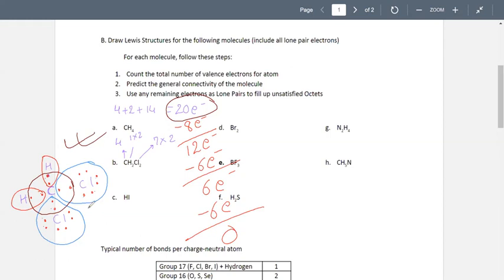So the last step to do is to write carbon, hydrogen, hydrogen, and you have chlorine here and chlorine here, but those chlorines have 1, 2, 3, 4, 5, 6, 1, 2, 3, 4.